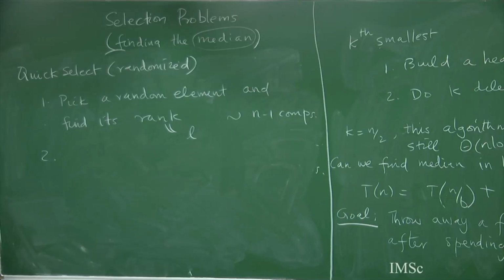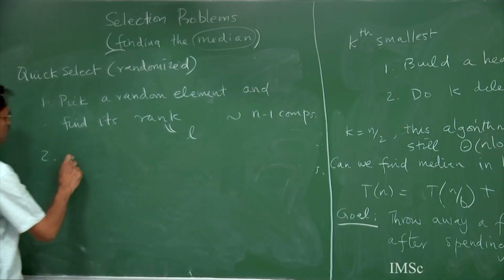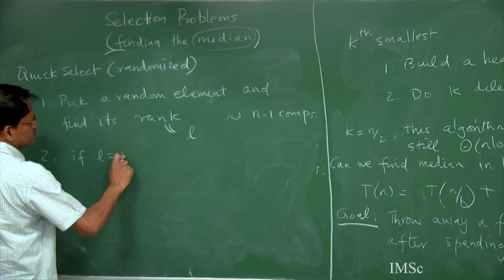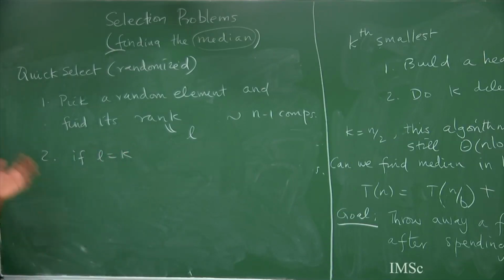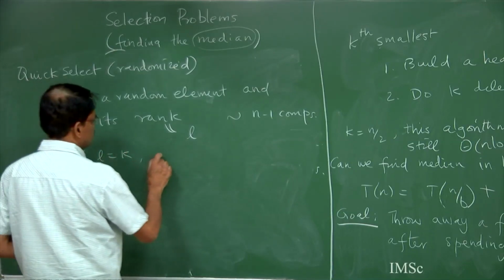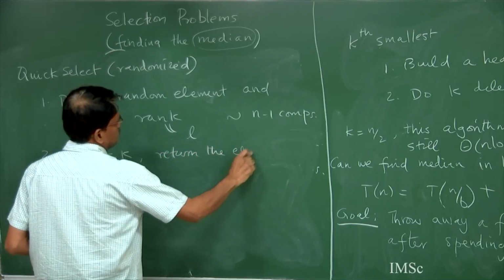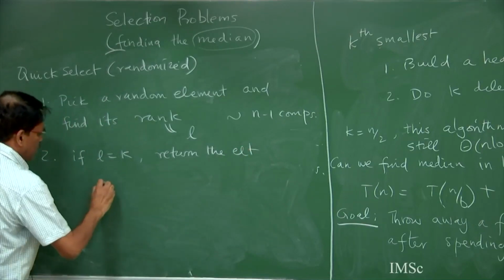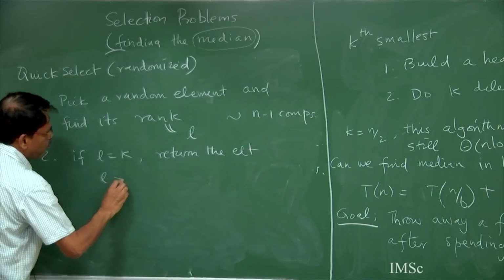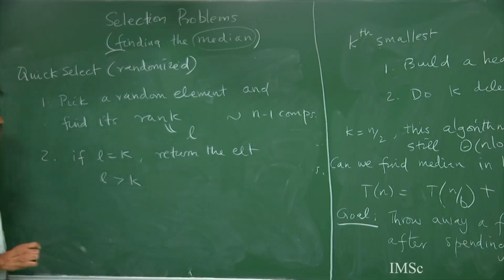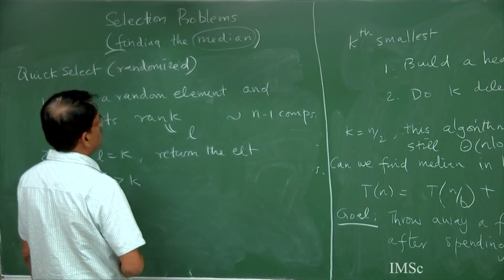It depends on the value of L, right. So, if L equals K, you are lucky, you are done, stop. That is the answer. If L is more than K, remove all elements after, and in the remaining part you just find it.